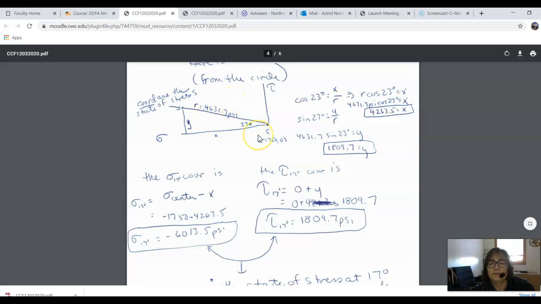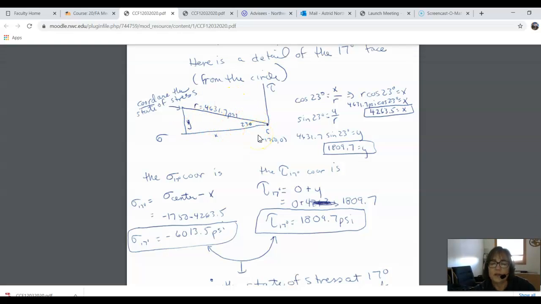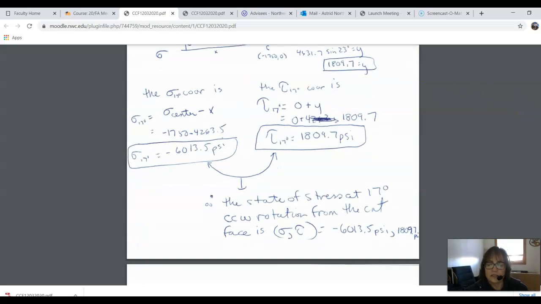It's neither up or down. It's on the main axis. And so I get the values, and those two values are the state of stress at a 17 degree counterclockwise rotation from the cut face.